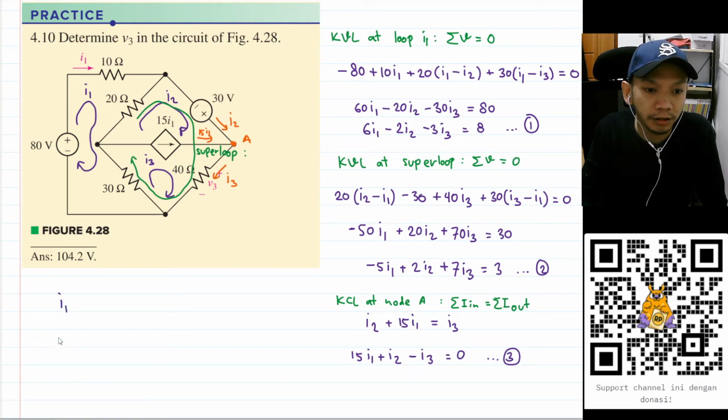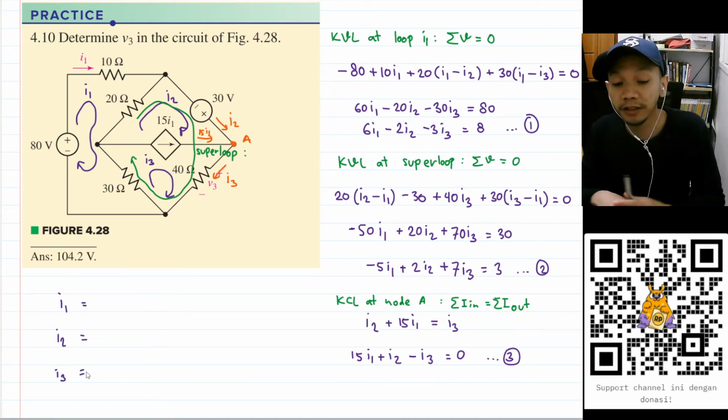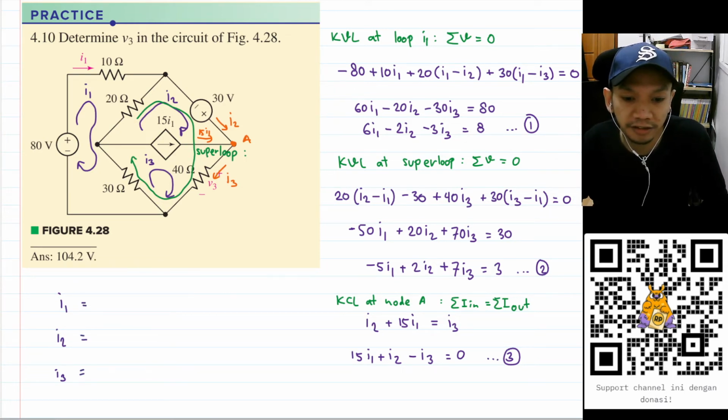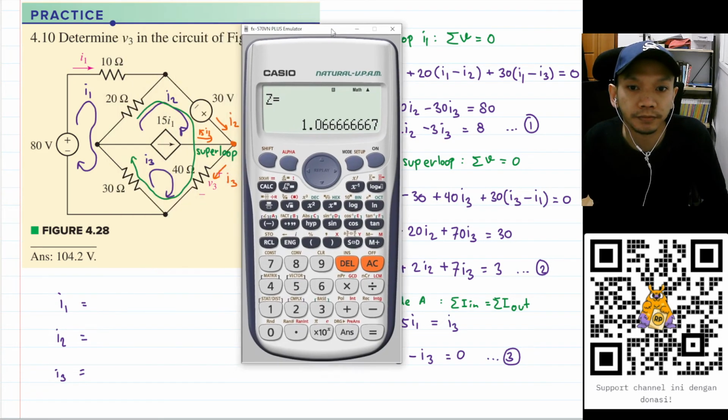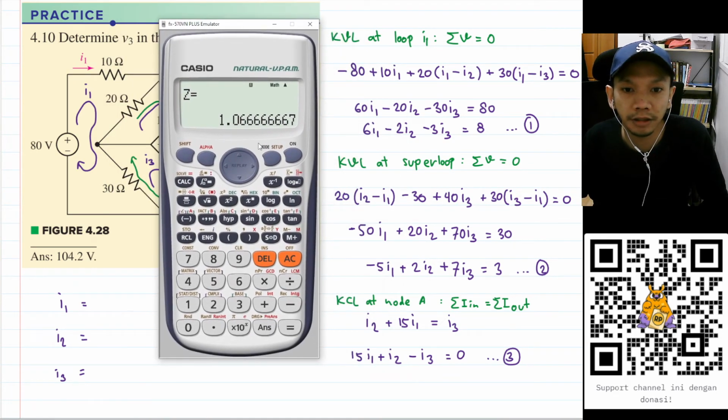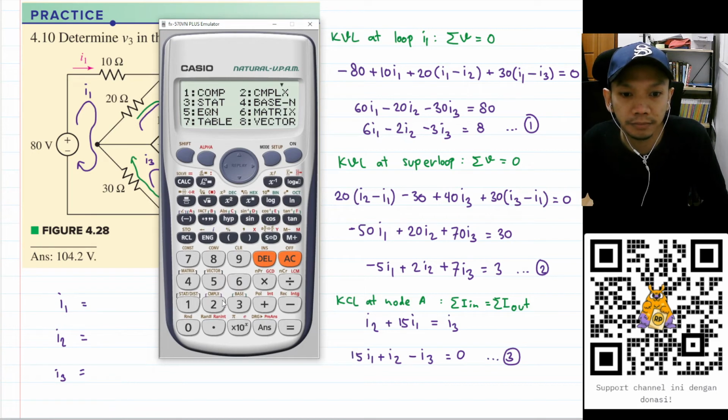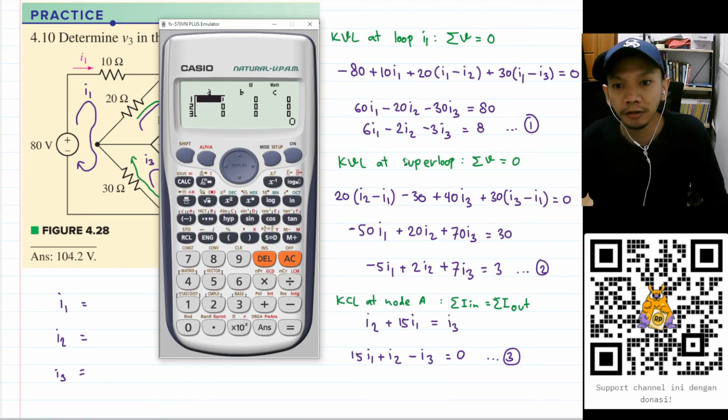So I1, I2, and I3. You can use any linear algebra technique to solve this, but the easiest way is just using a calculator. So let's set that up. We will have 6, minus 2, minus 3, and 8.